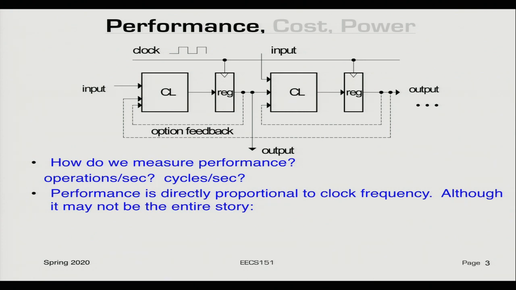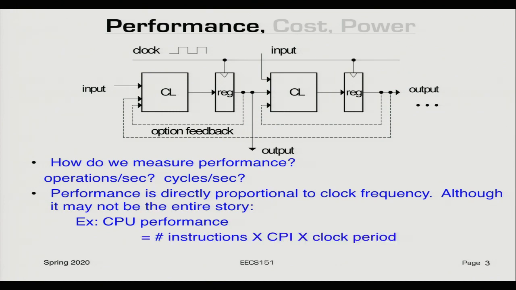If you've studied computer architecture, you know this to be true because we talk about CPU performance, at least as defined by Dave Patterson and John Hennessy, as the number of instructions times the number of cycles per instruction times the clock period. They talk about performance to run a particular program or a set of programs. Clock period or clock frequency is really only one component of that.